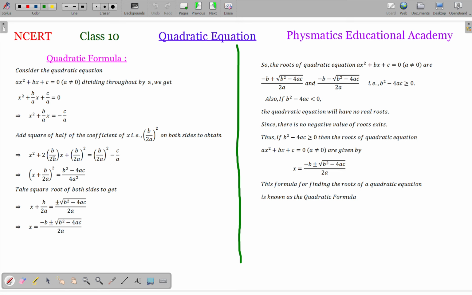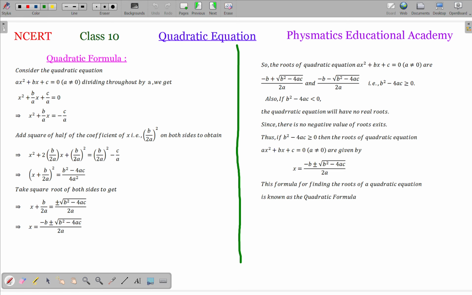X square plus 2 into b by 2a into x plus b by 2a whole square is equal to b by 2a whole square minus c by a. This is the simplification of this equation by adding the square of half of the coefficient of x. Now further simplification: x plus b by 2a whole square is equal to b square minus 4ac by 4a square.